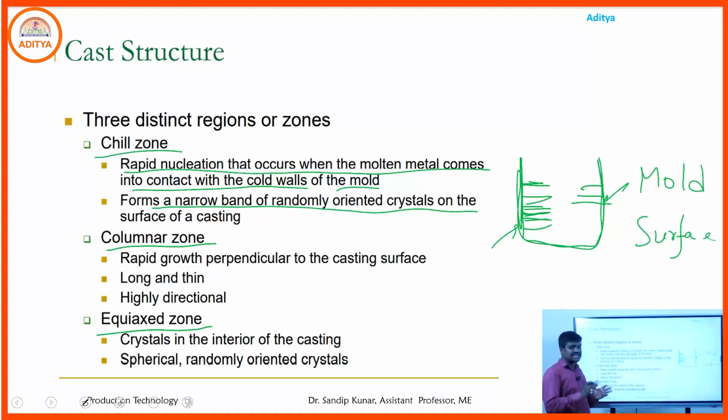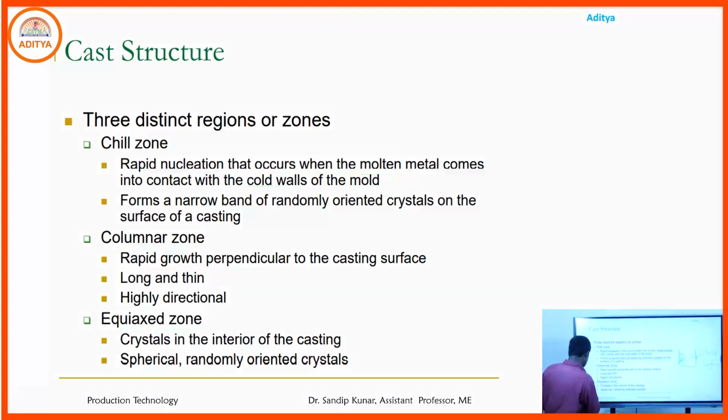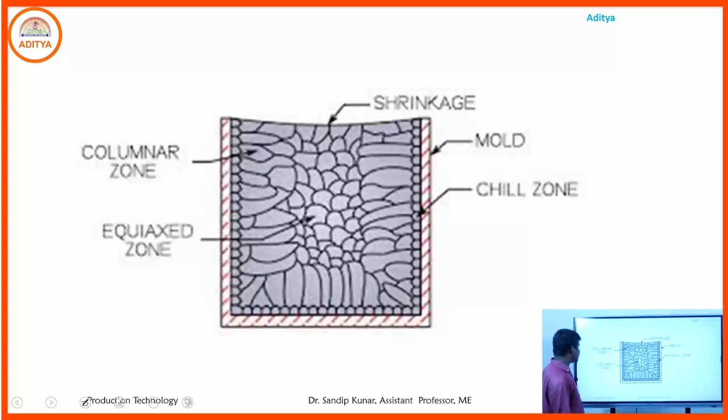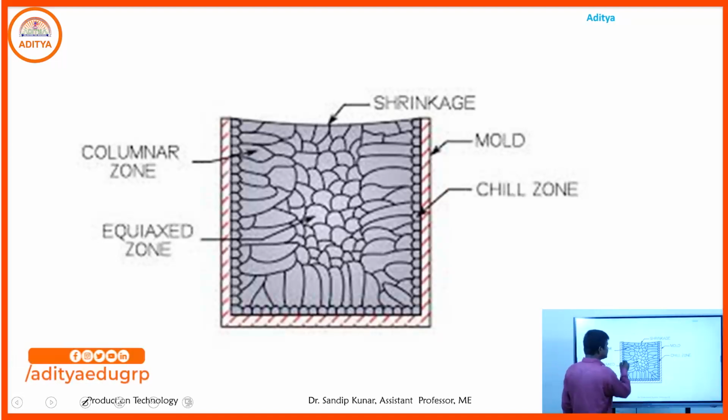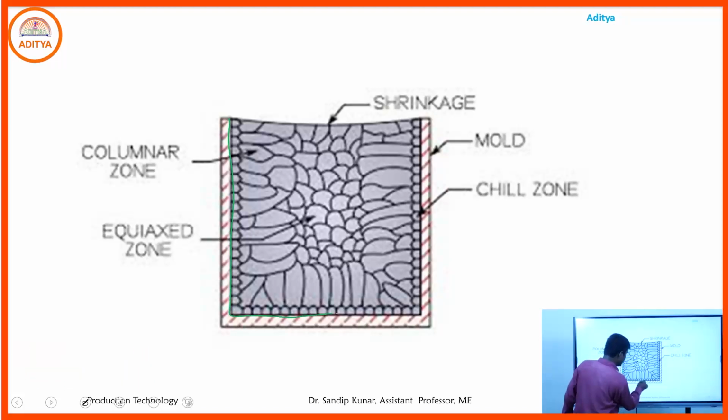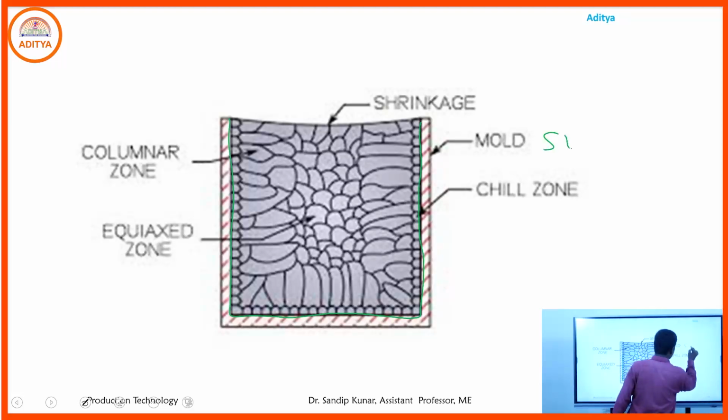So see this picture, which is one example of the solidified structure of a casting product. That surface is the mold surface.